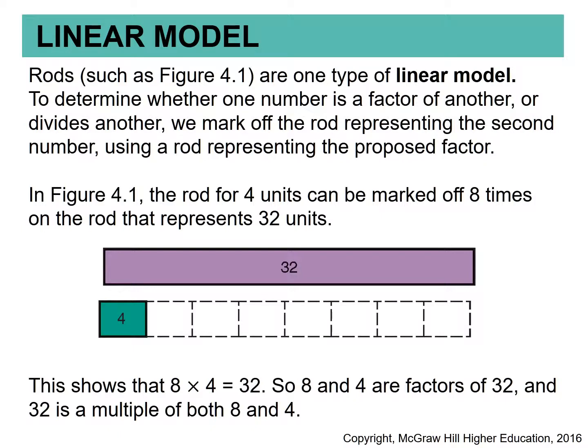If I take rods of length 4 and put 8 of them together, so 8 times 4, I'm going to get 32. So both 8, the number of these I have, and 4 are both factors of 32.